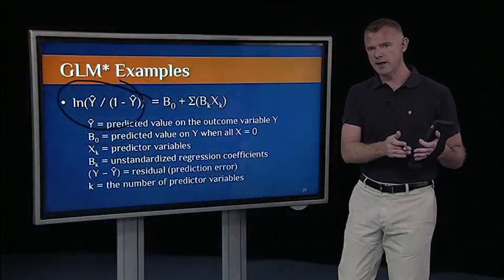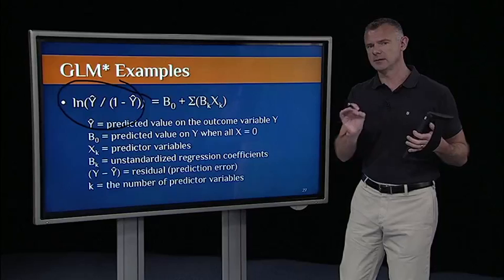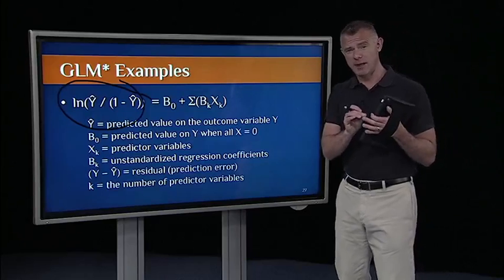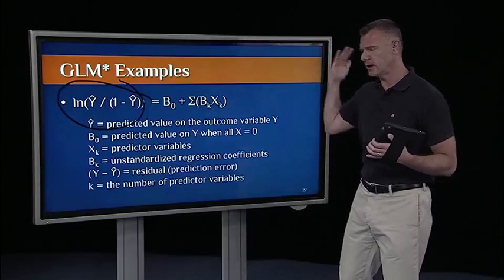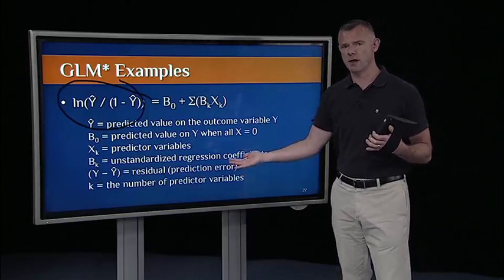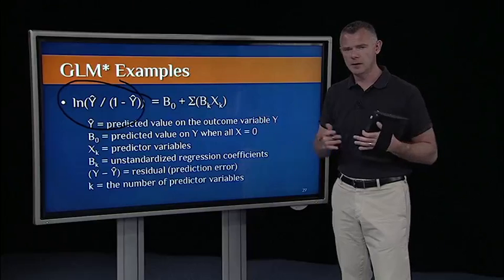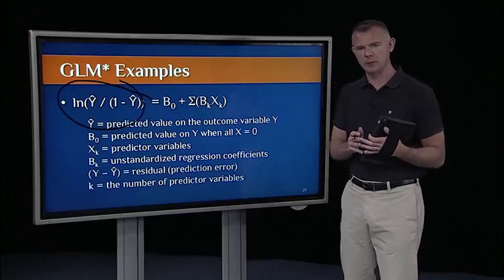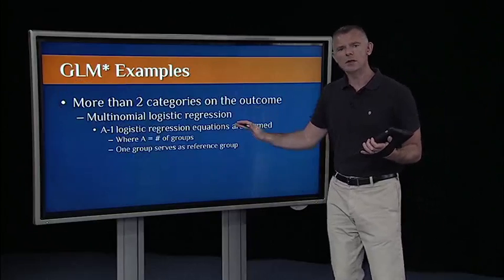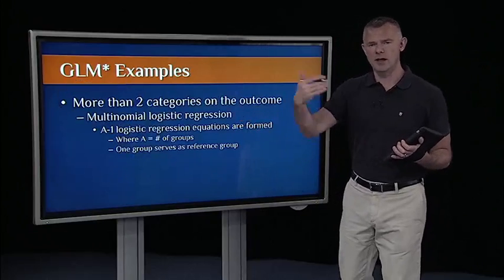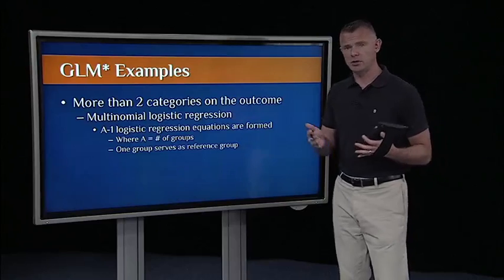So the GLM star, generalized linear model, and the GLM function in R are very powerful and can test all sorts of regression models. Not necessarily linear, could be any kind of function we want. If you have more than 2 categories, we didn't go beyond binary, but you could.